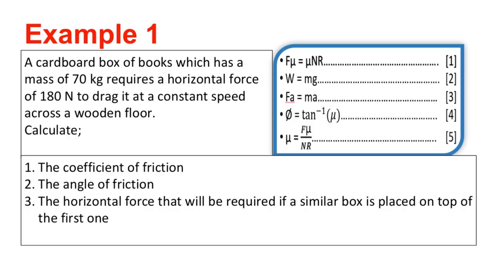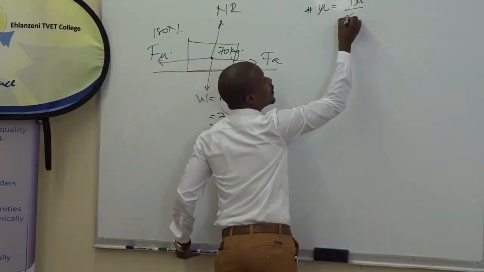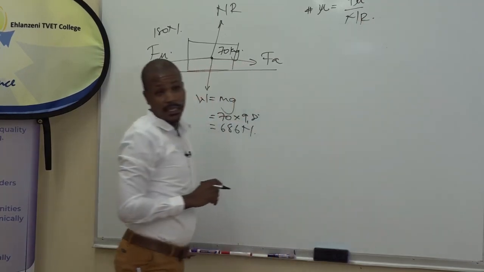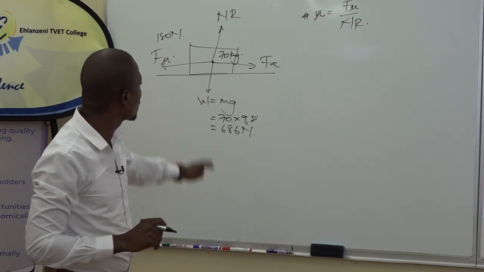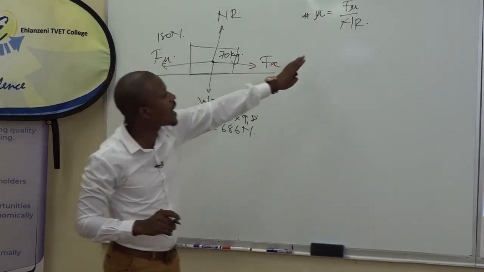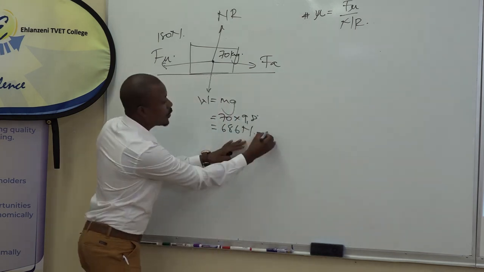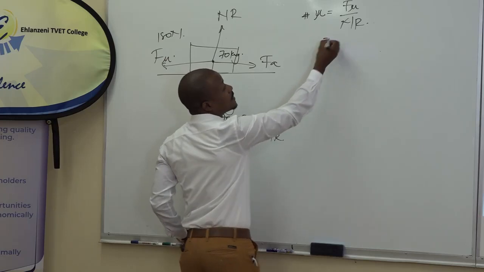Right, we can go to the 5th equation, which is coefficient of friction is equal to the frictional force divided by the normal reaction. That is the correct equation that we can use, because we do have our frictional force, it's given, 180 Newton. We have our normal reaction, which we calculated here. So we can just substitute these values here.